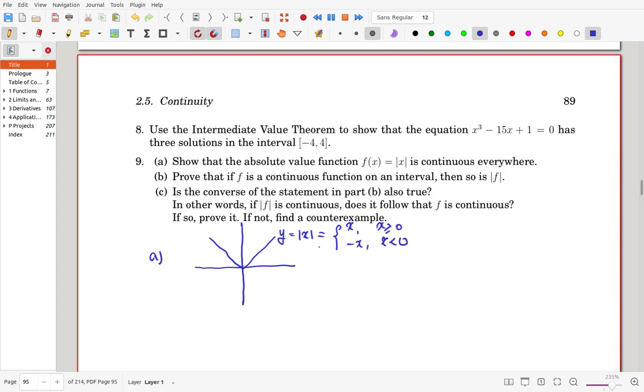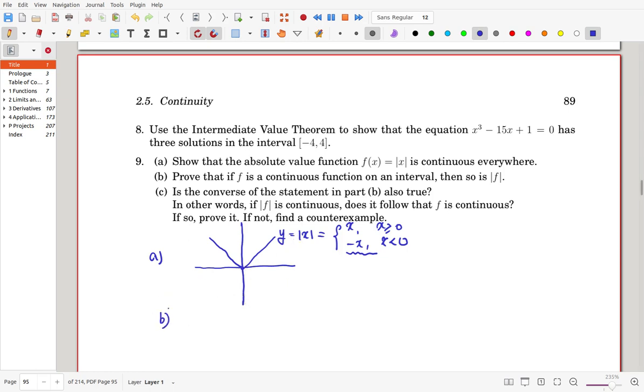So you can start with that, and on either side they are continuous, and this one is right continuous. Also if you check the left limit as x approaches 0, then again it is approaching 0. So at this point it is continuous and everywhere else continuous, so it is a continuous function.